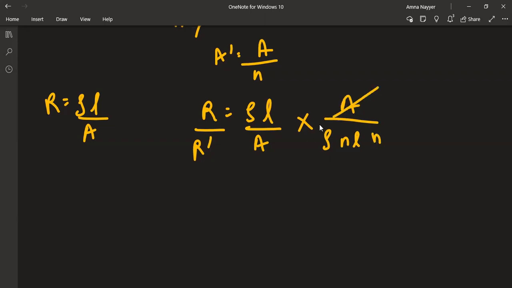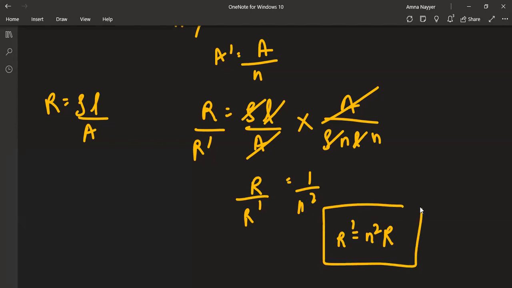So everything will get cancelled. A, L, rho. R by R prime will be 1 by n square. R prime will be n square R.